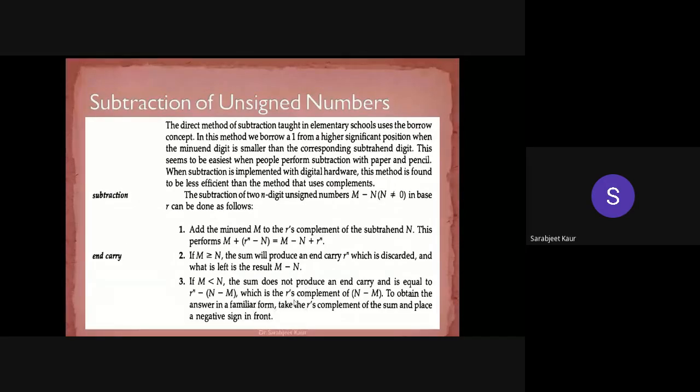So in this case, we take the complement of the sum so obtained and place a negative sign before it. And that is our final result. Is that clear?